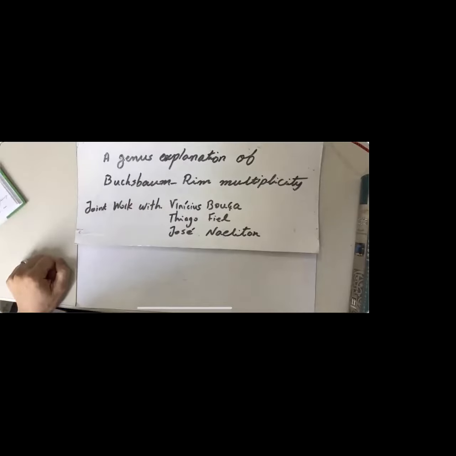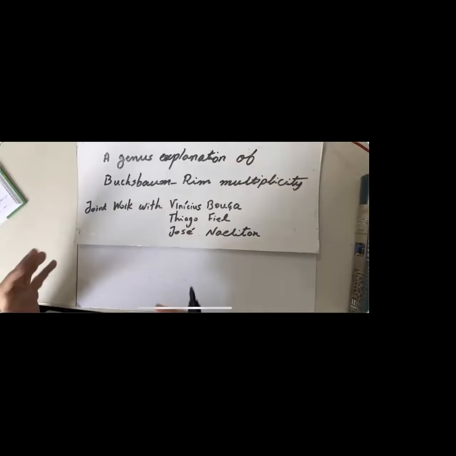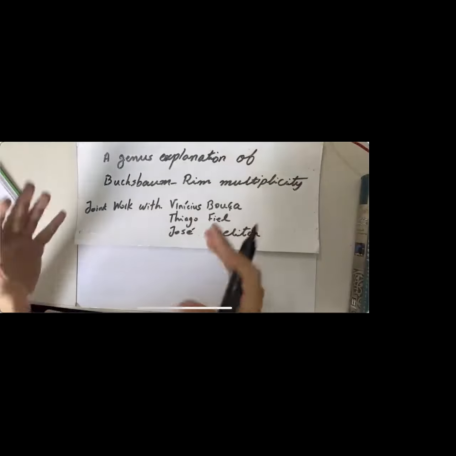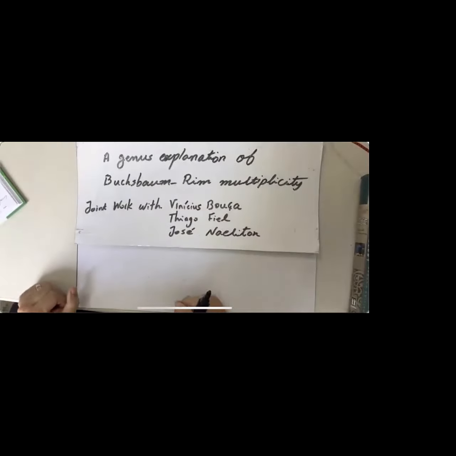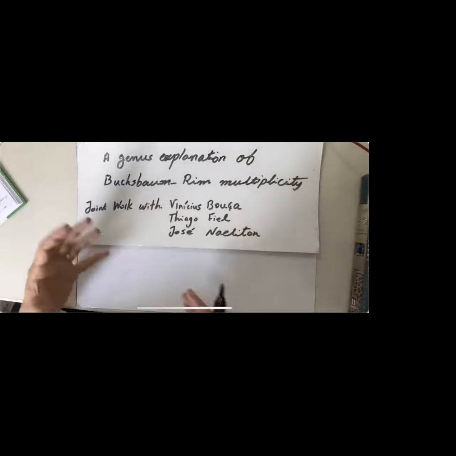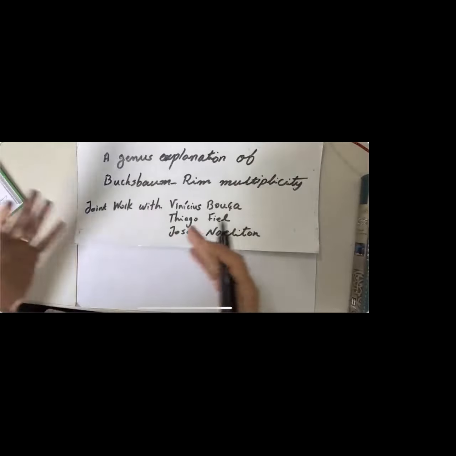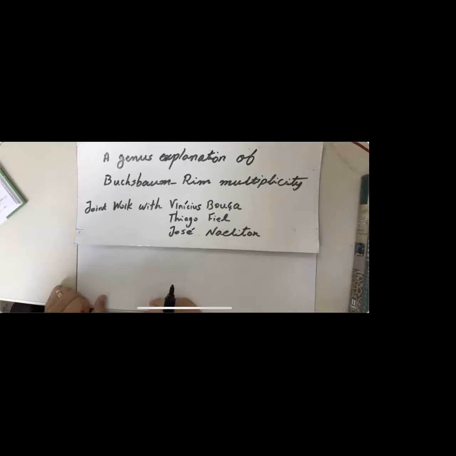My talk is a little bit technical and has several details, so I will try not to go too technical, because then the main audience cannot follow me. Instead, I will talk more about the introduction, the history and the philosophy that created this work. So this is a genus explanation of Buchsbaum-Rim multiplicity.